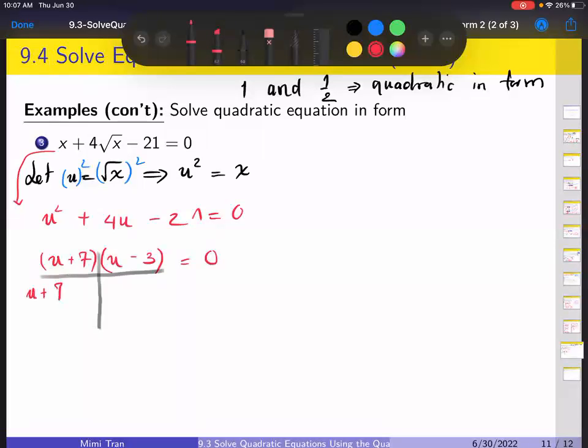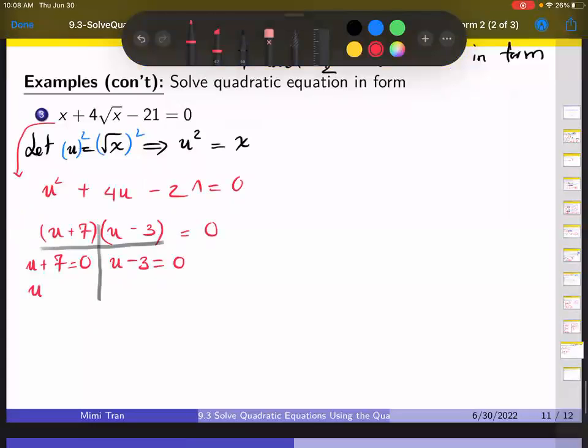u plus 7 equals 0. u minus 3 equals 0. u equals -7. u equals +3. Put x back. What is u? u is square root of x, right? So if you forget, go back. It's not always x squared. It depends what you let u equal in the beginning. So square root of x equals -7, square root of x equals 3.